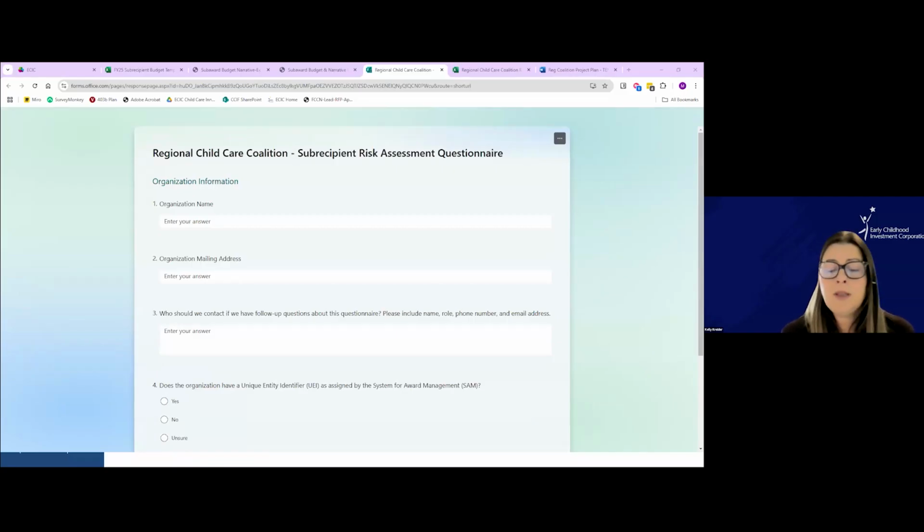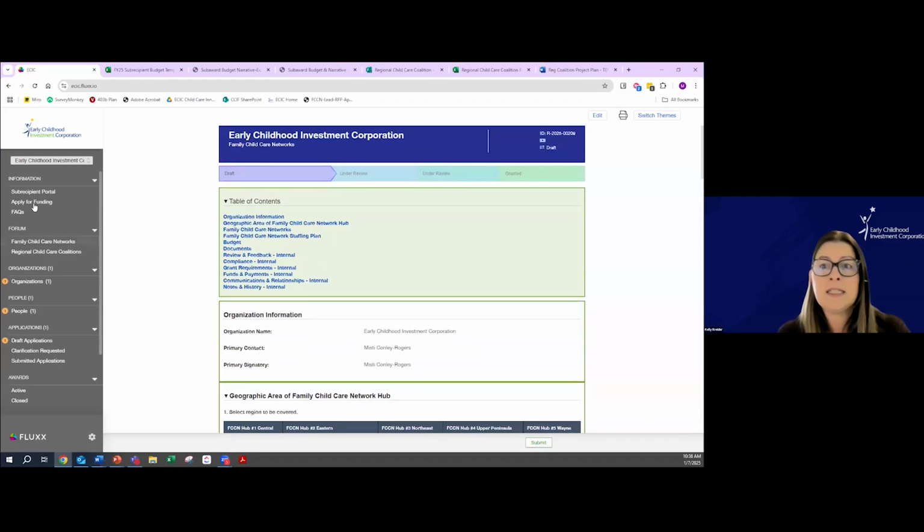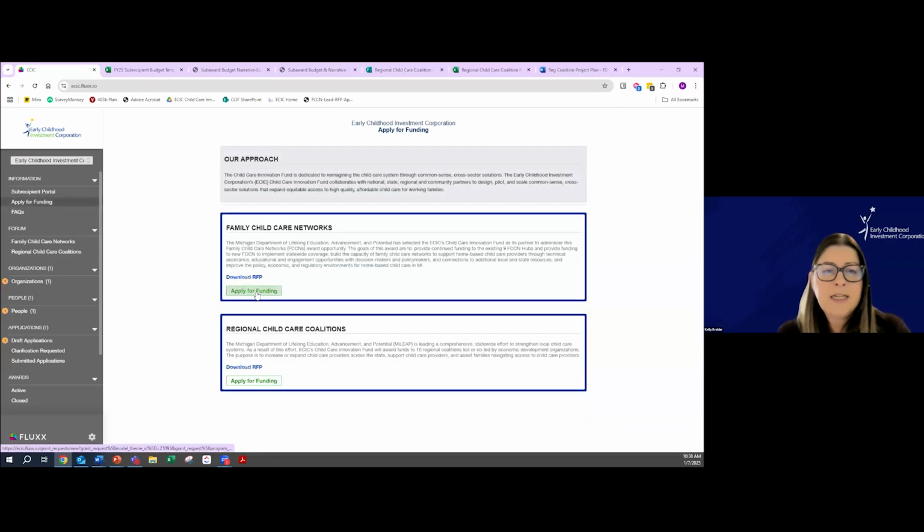There are a couple of documents that you will be prompted to upload to Flux as part of your risk assessment, and those go in the organizational document section. And two things we'll be looking for are your organization's procurement policy, which will need to align with the federal uniform guidance, and your audited financial statements and single audit if you have it.